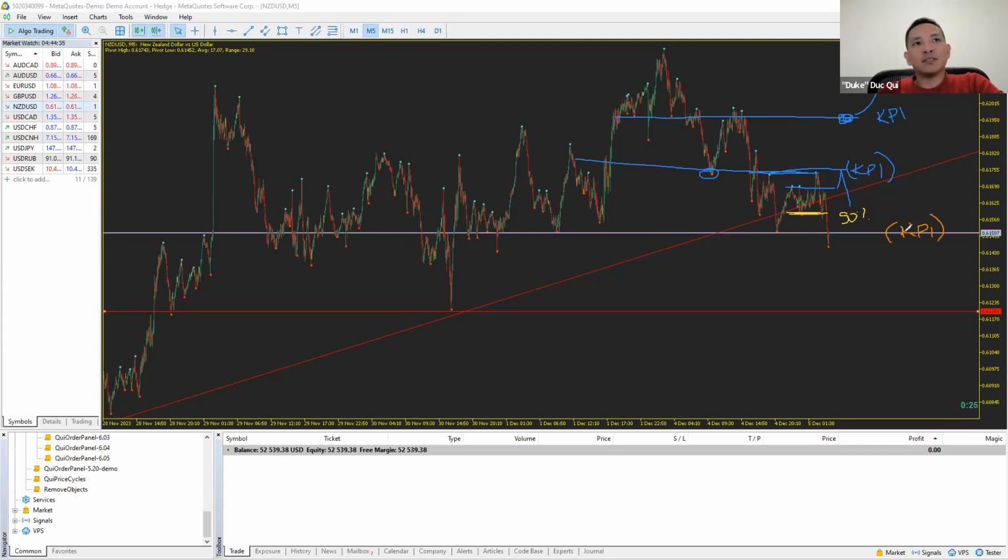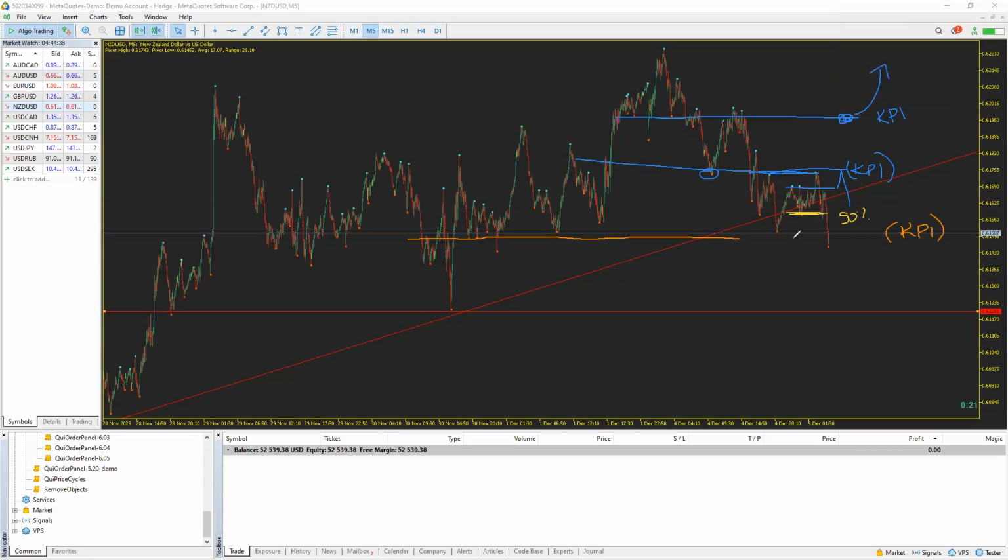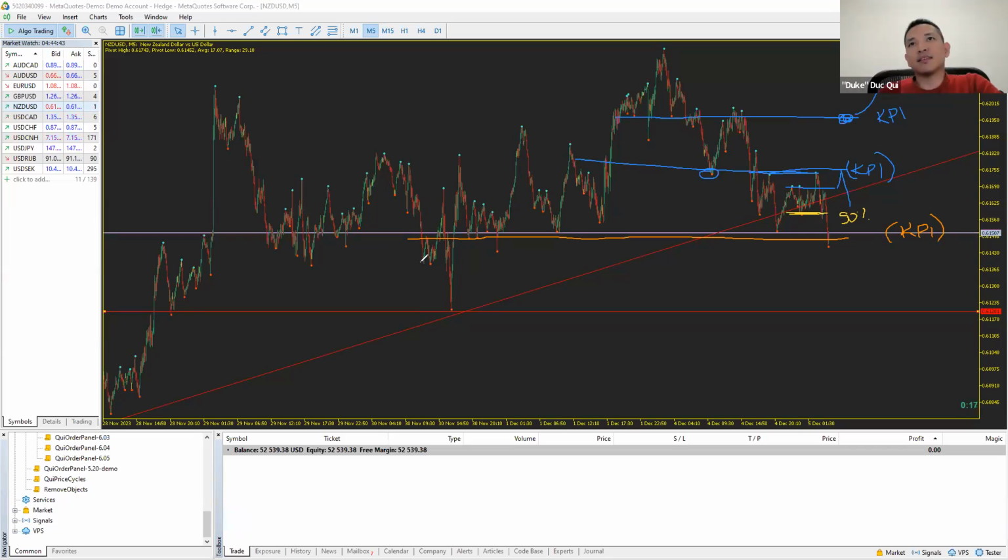Why am I putting these in parentheses? Because these are minor. Because look at how prices went down already. Does it make sense? See, it passed through right here several times. These are minor KPIs. So this is not it. Yes, it is in the sense of, hey, if the market is dropping below this, I don't want to be in buys. I should be in sells.